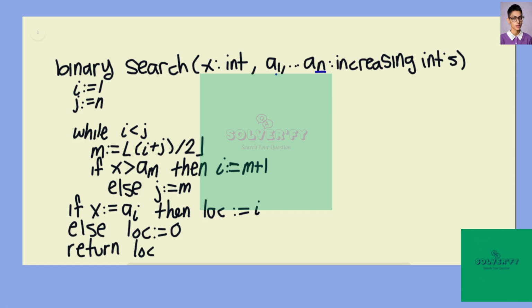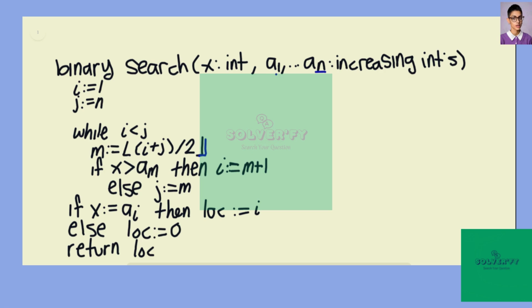And then while i is less than j, we're going to take roughly the halfway point. I have a floor here, so that if the list has an odd number, we can still get an integer point for our location.